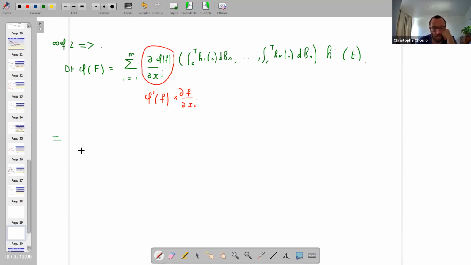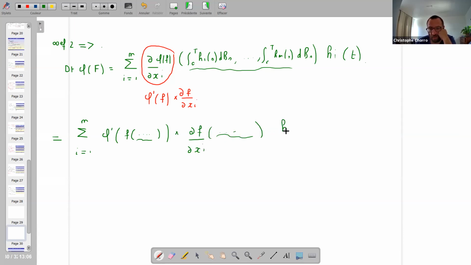The sum from i equal to 1 to n of what? Of phi prime of f of the Wiener integrals, these ones that I have inside here, multiplied by d of f over d of xi of the Wiener integrals also, hi of t. Here I have just simply phi prime of f that I can remove from the sum because it doesn't depend on i.